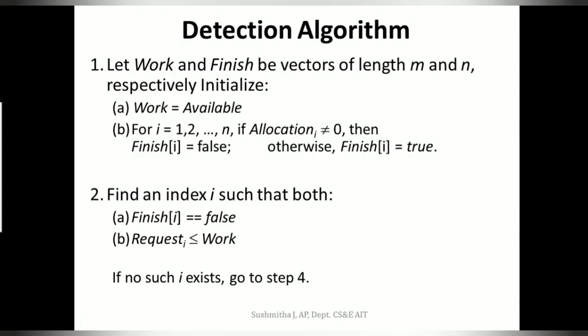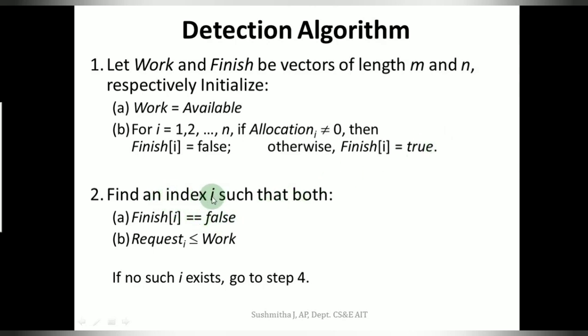So the detection algorithm is as follows. Here again we are initializing the available to work. So again, initially finish of i is false. If allocation is not equal to 0, then finish of i is false, otherwise finish of i is true.